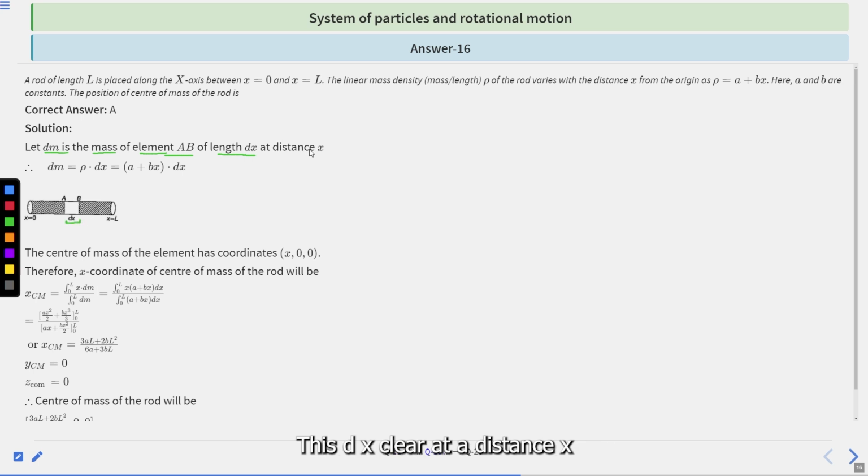At a distance x. Here x equal to 0 and x equal to L. L is the length of this rod. Clear? So the center of mass of the element has coordinates x, 0, 0. Clear? x, 0, 0. Therefore the x coordinate of the center of mass of the rod will be this.